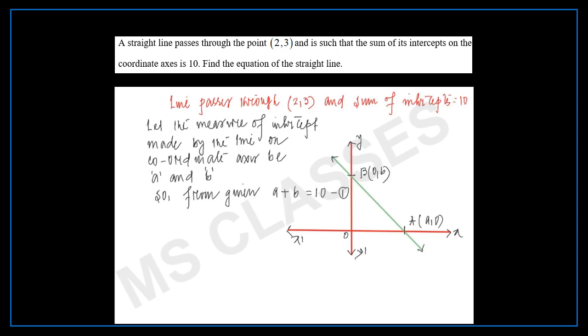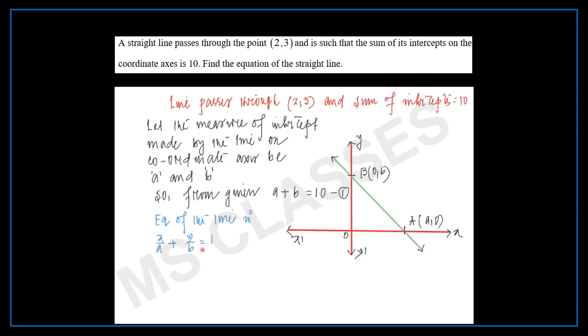Now we can write the equation of this line because we know the intercepts. So the equation of the line is x by a plus y by b equal to 1.